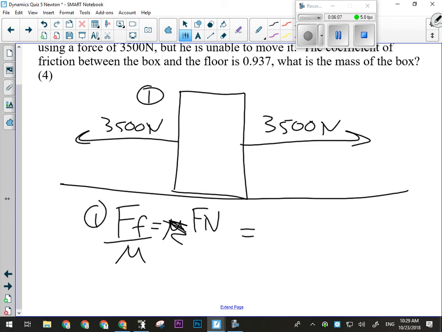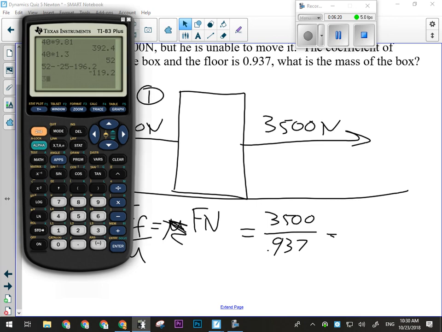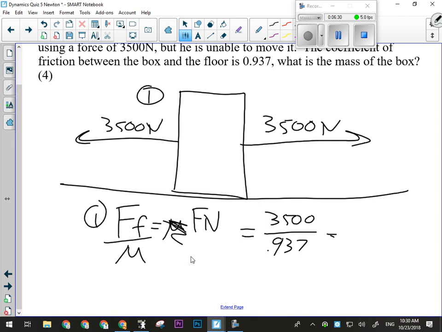The normal force will be 3,500 divided by mu, which was 0.937. So there's my normal force, 3,735 newtons, with some decimals after that.